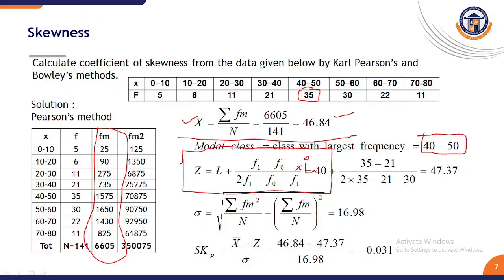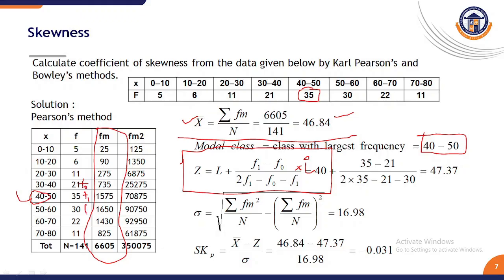So using this modal class interval, we can identify these values. L is the lower limit of modal class interval. This means 40. L equal to 40. Its corresponding frequency is f1. Its previous value is f0. Its subsequent value is f2.